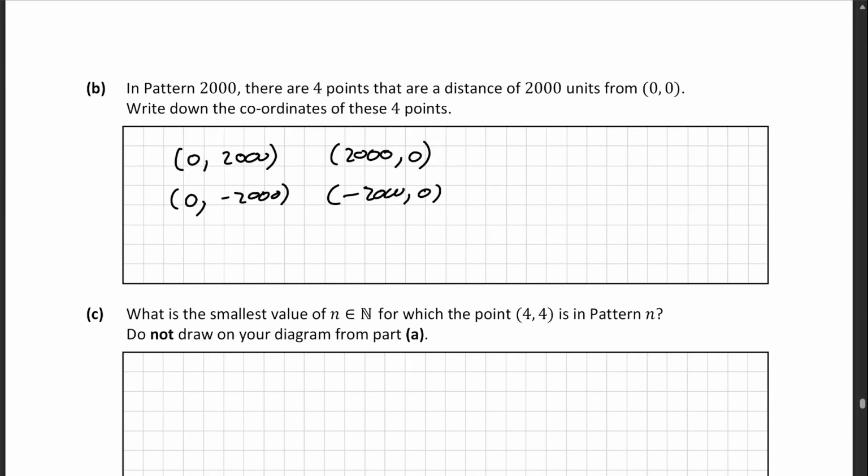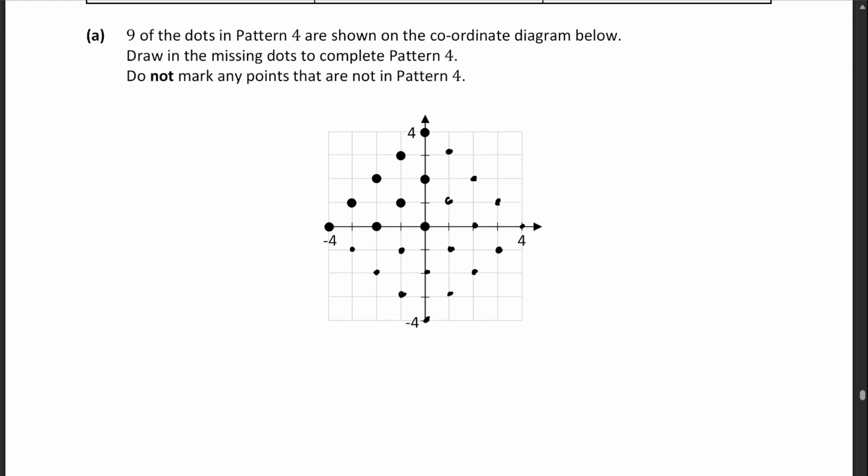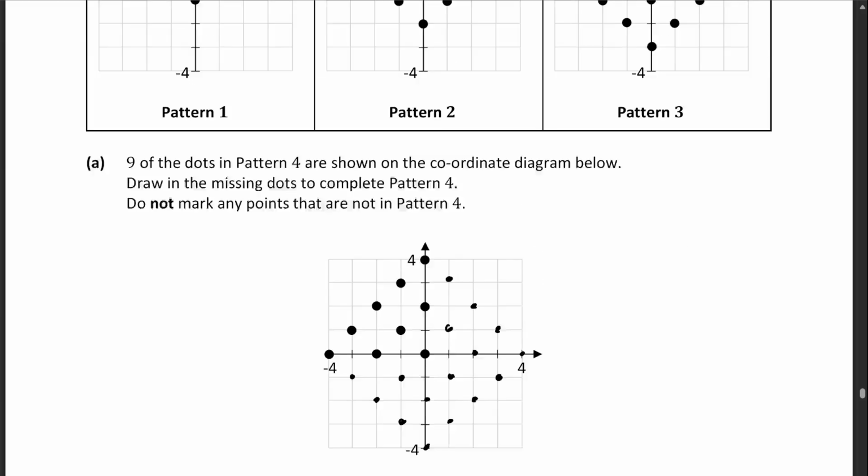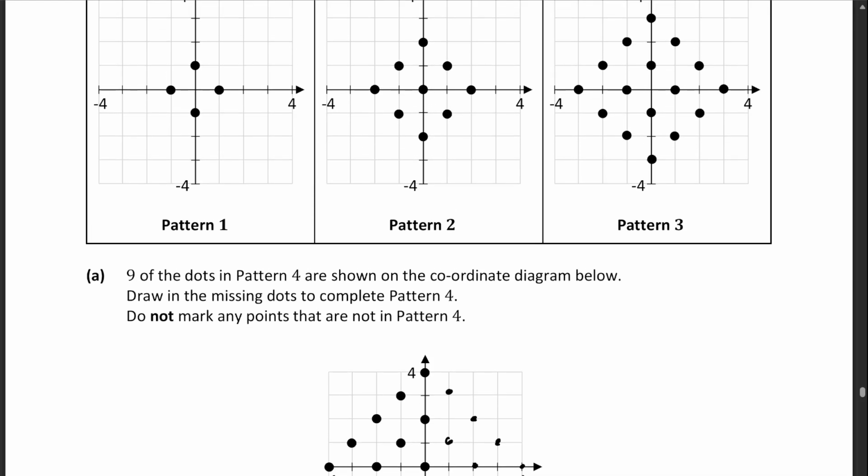What's the smallest value of n for which the 4, 4 points in pattern n do not appear on your diagram for part A? Which one's going to have 4, 4 in it? Pattern, I'm instinctively thinking pattern 6, because in pattern 2 we have 1, 1.